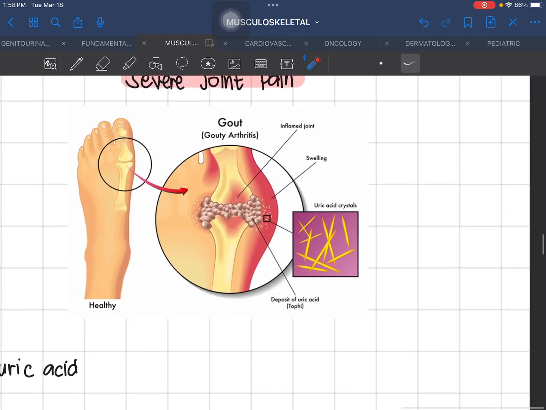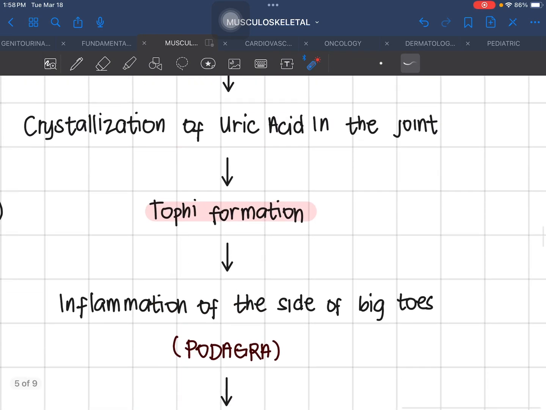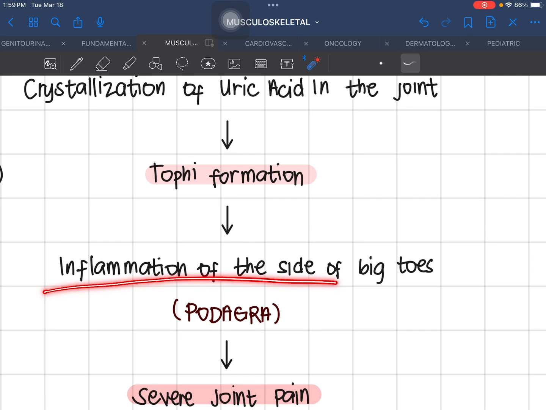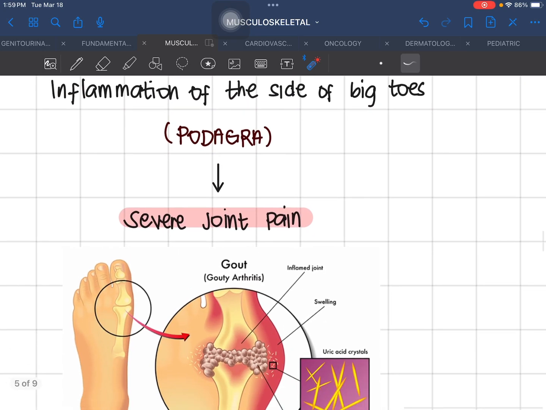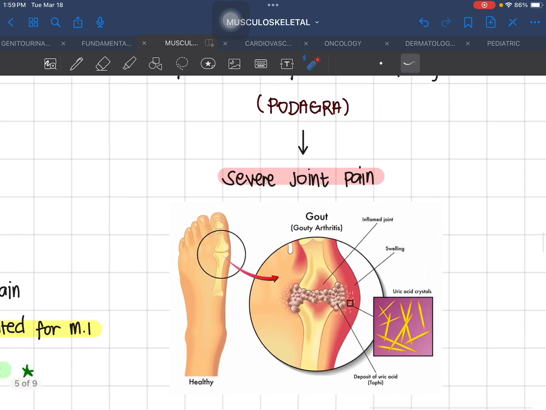So, yung tophi formation, yun ang tinatawag na deposits ng uric acid. So, pag nagkaroon ng tophi formation, mag-i-inflame yung side ng big toes o ang tinatawag natin na podagra. Tandaan natin na inflammation of the side of big toes is podagra. So, kapag nag-inflame yun, of course, maka-experience si patient ng severe joint pain.